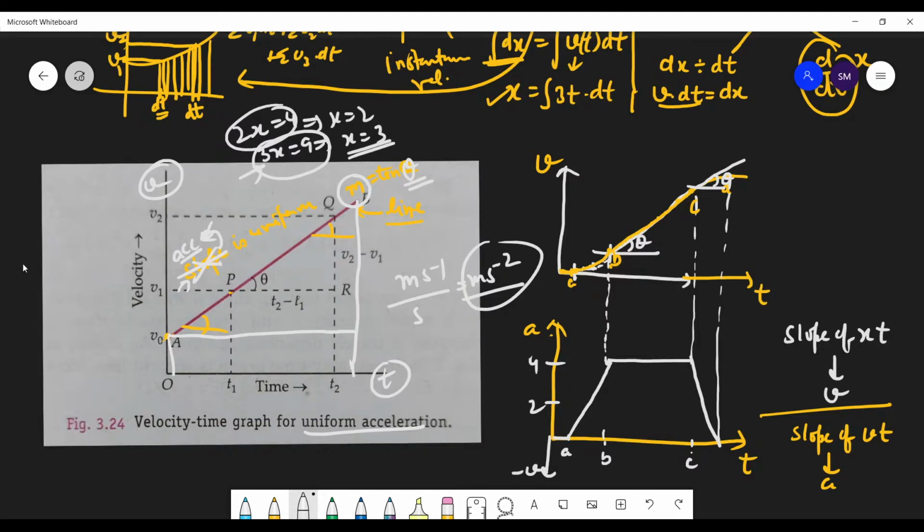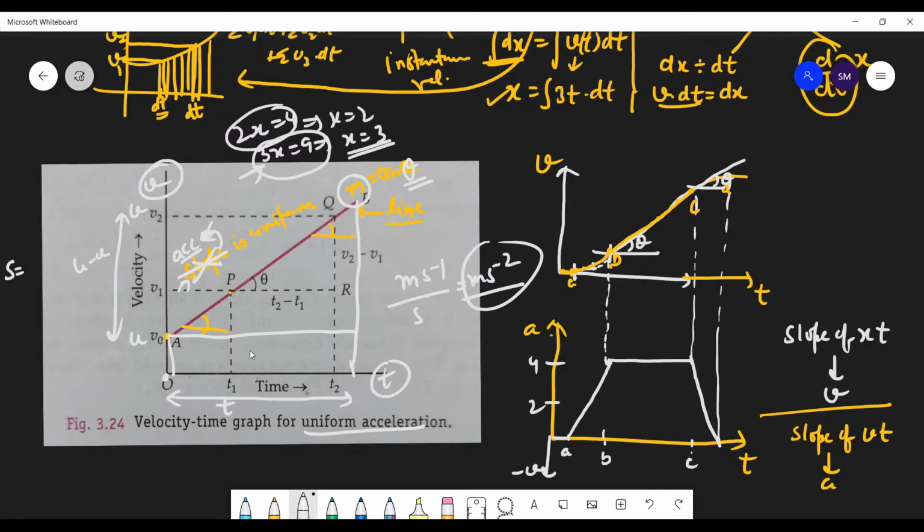Yes or no? What is S? S is equal to the area of this triangle plus the area of this rectangle. So this is velocity u, suppose, and this is the final velocity v. What is this gap? This is v minus u. And suppose this is 0 to t, so 0 to t is basically your t, right? Yes, sir.